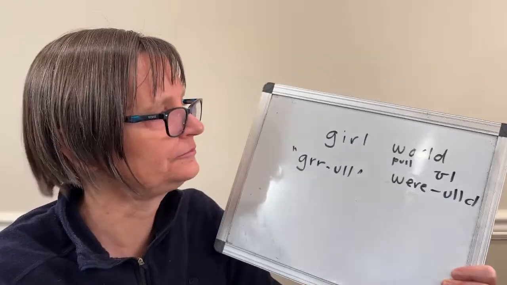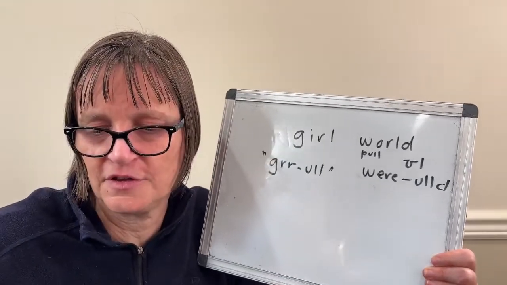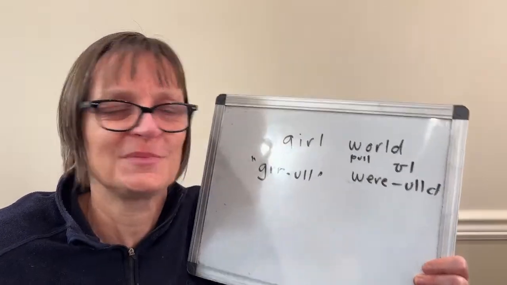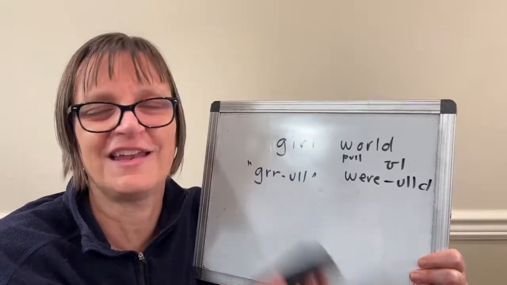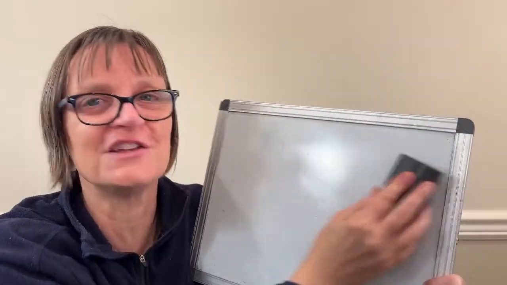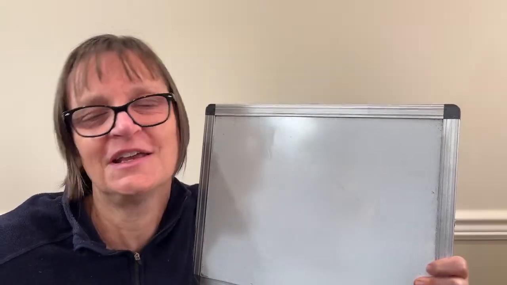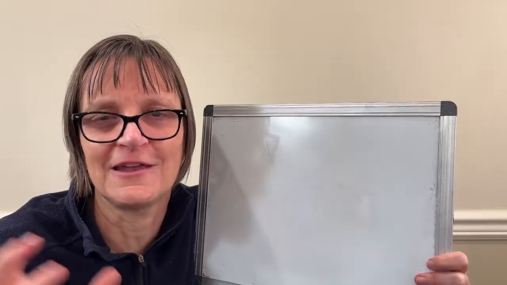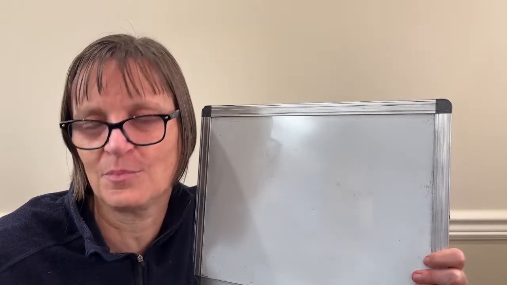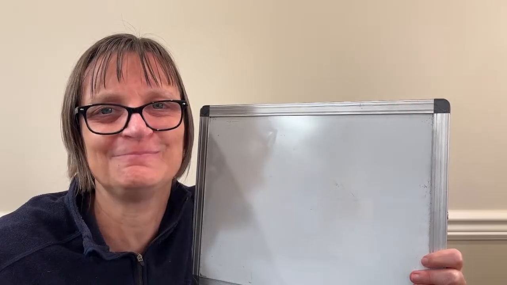World. I do have a number of videos for each of those, both a short video explaining it and a longer video talking about words like world and girl that have RL. It is a tough combination for a lot of people, so just be patient. And if you're having a lot of trouble, work on your R separately and your L separately, and then come back to working on putting them together in words like that.